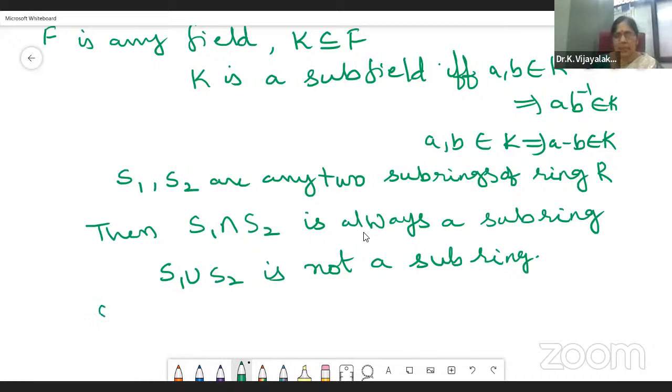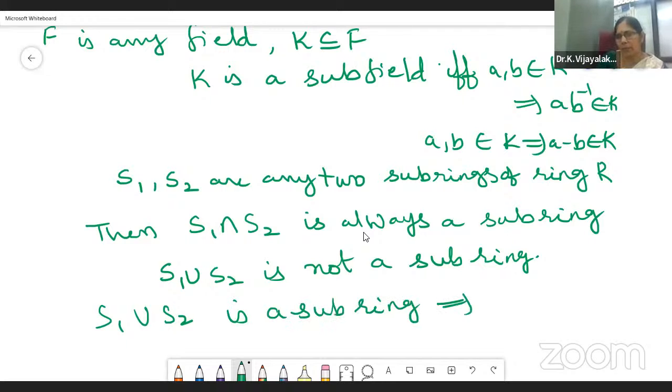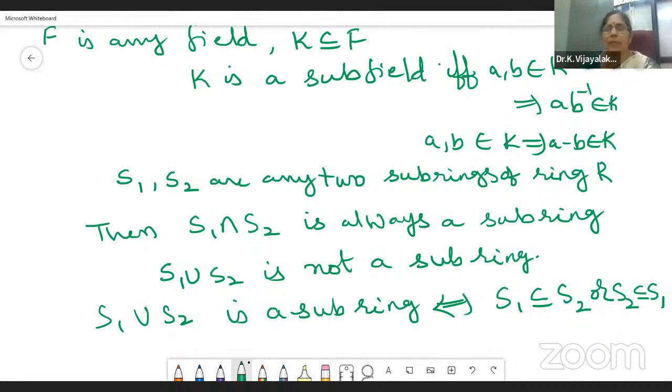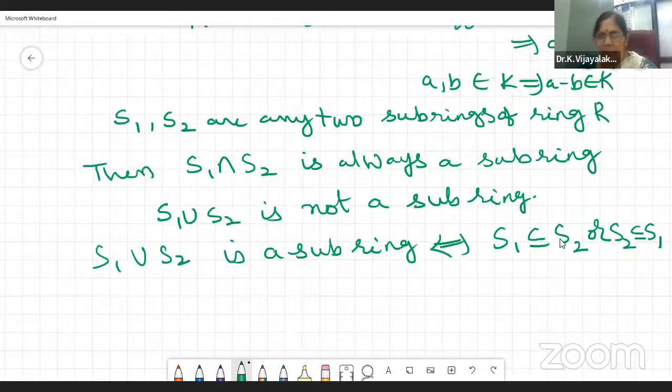S1 union S2 is a subring if and only if either S1 is contained in S2 or S2 is contained in S1. Even for fields the same thing will happen.